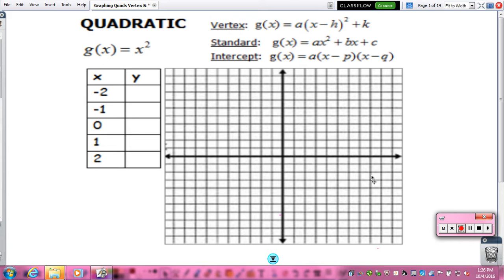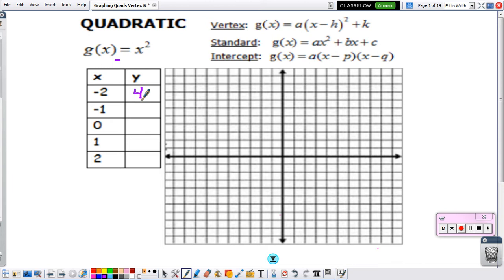But we will start with the parent graph, which is just graphing the x squared function before we start moving it left or right, up or down, or stretching or shrinking it. All right, x squared. When we plug in -2 to x squared, we get a positive 4.